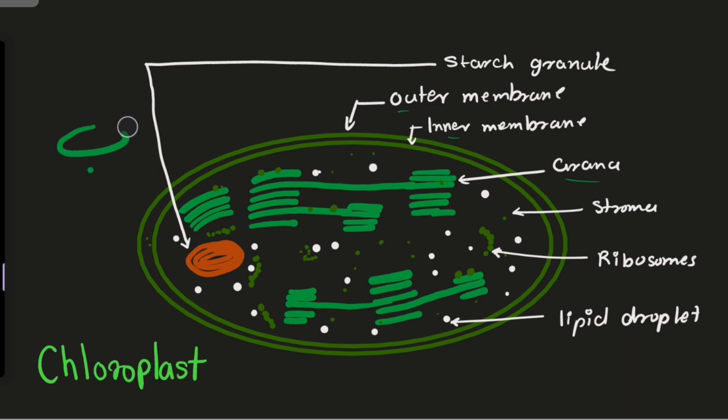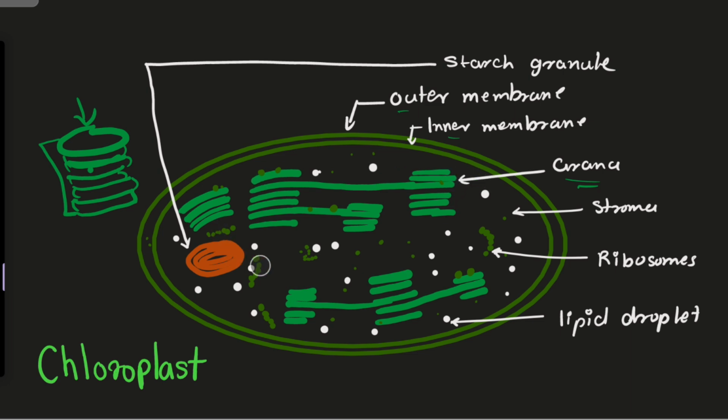These are oval in shape, stacked to form one grana. The individual one is called a thylakoid, and when many thylakoids are stacked on each other, they form grana.